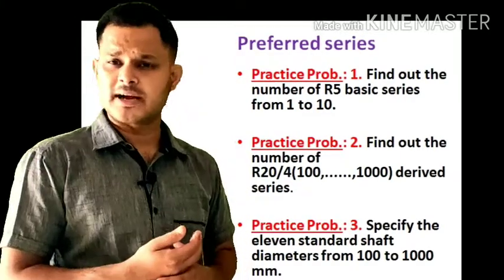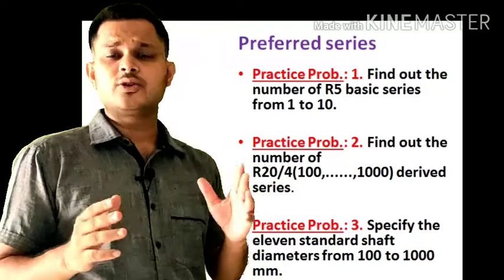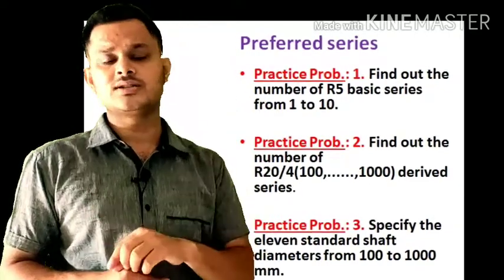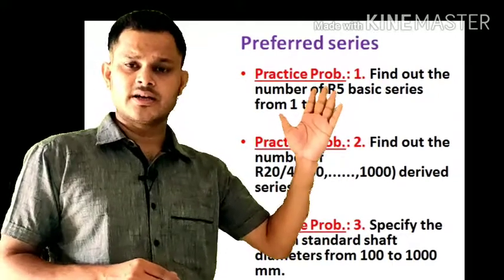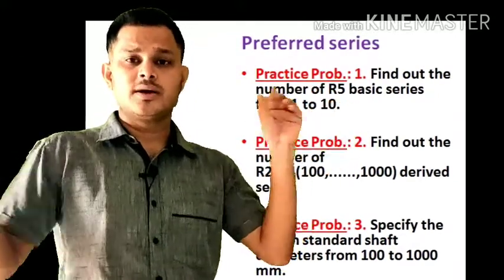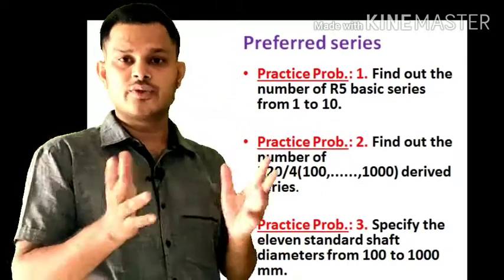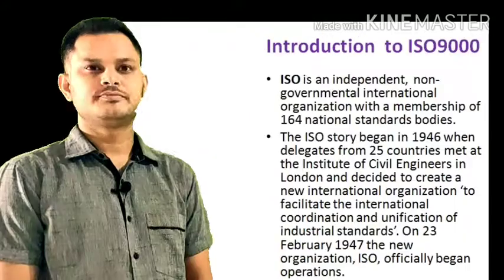Similarly, the third problem you can practice. We need to specify the 11th standard shaft diameter from 100 to 1000. We start from 100, end up to 1000, but the 11th number that we obtain has to be the shaft diameter. So we can do that also.